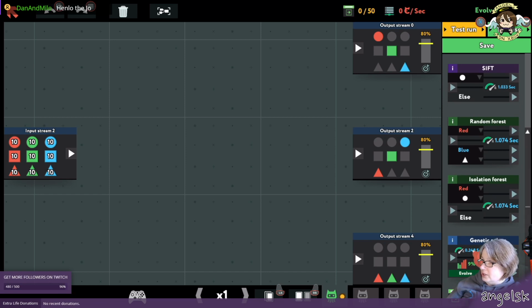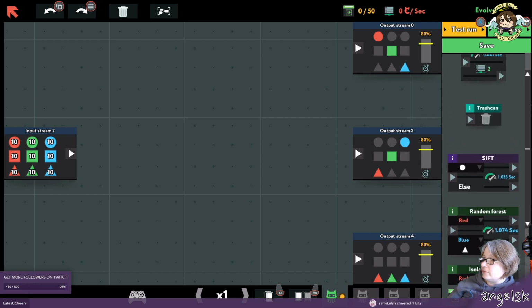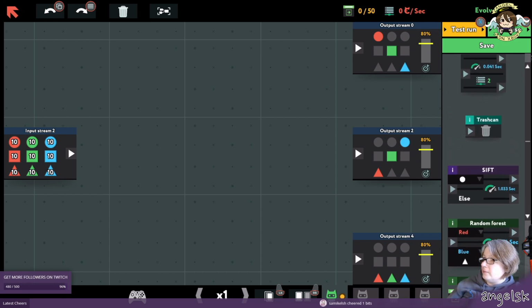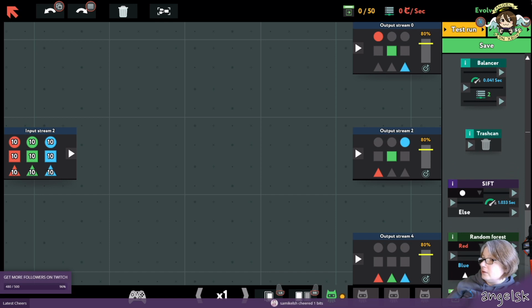So we've got the genetic solver at a 9%, which will split colours. This is for a startup, so ideally you want to keep the cost down.